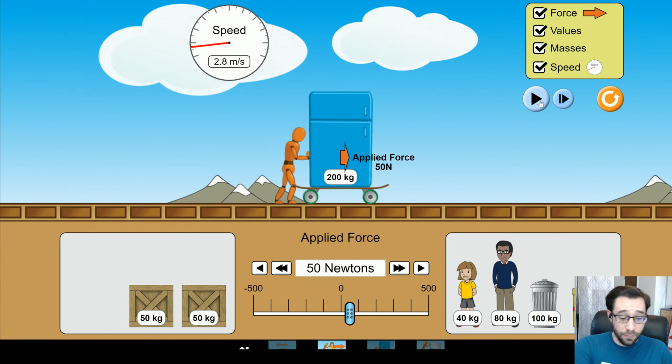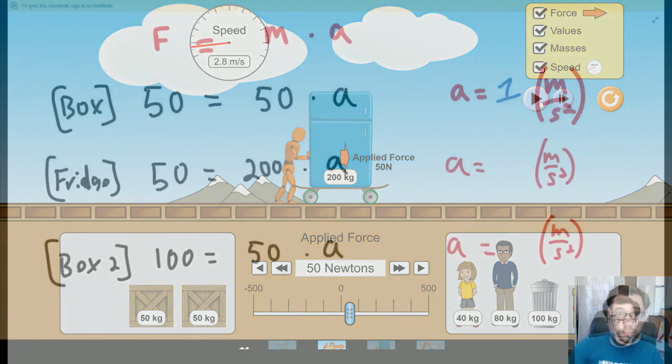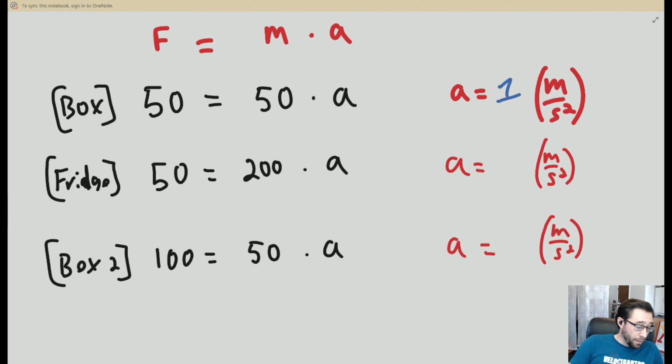So let's see if we can prove that here. So we have the fridge simulation here. We still applied 50 newtons of force, but we went from 50 kilograms and increased it to 200 kilograms.